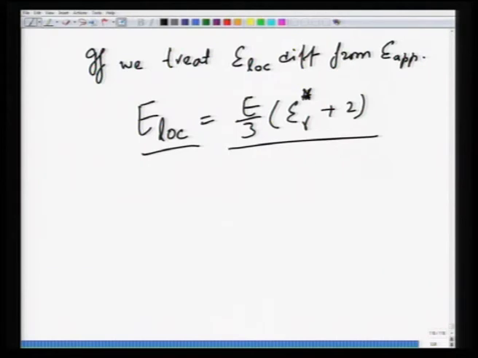The good thing is that you don't have to change the form of the expression. All it does is change the omega naught.